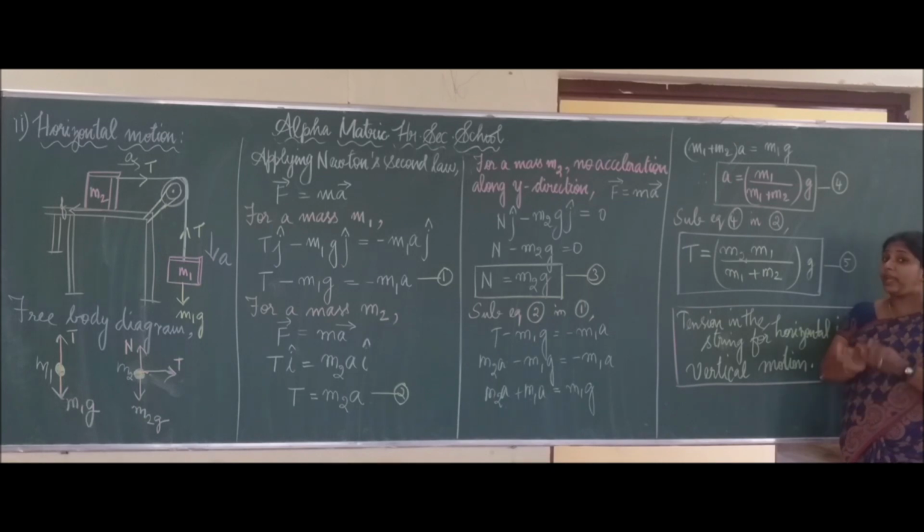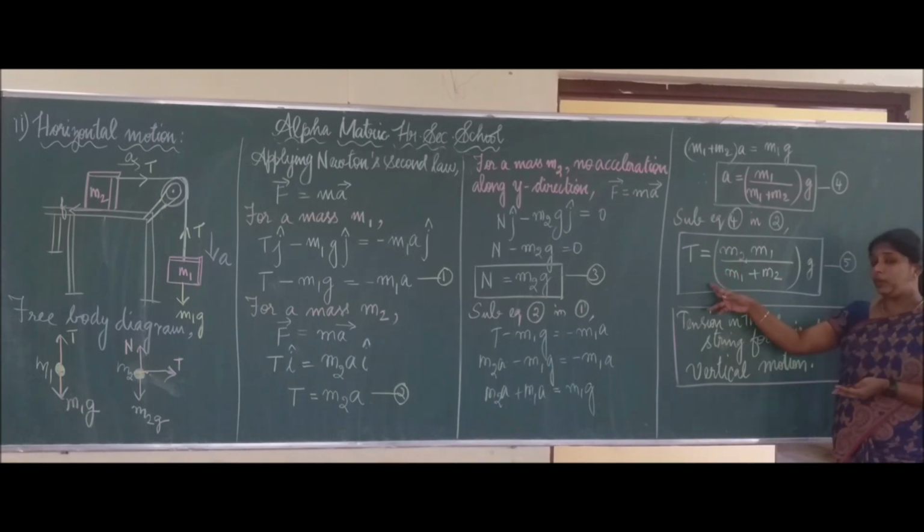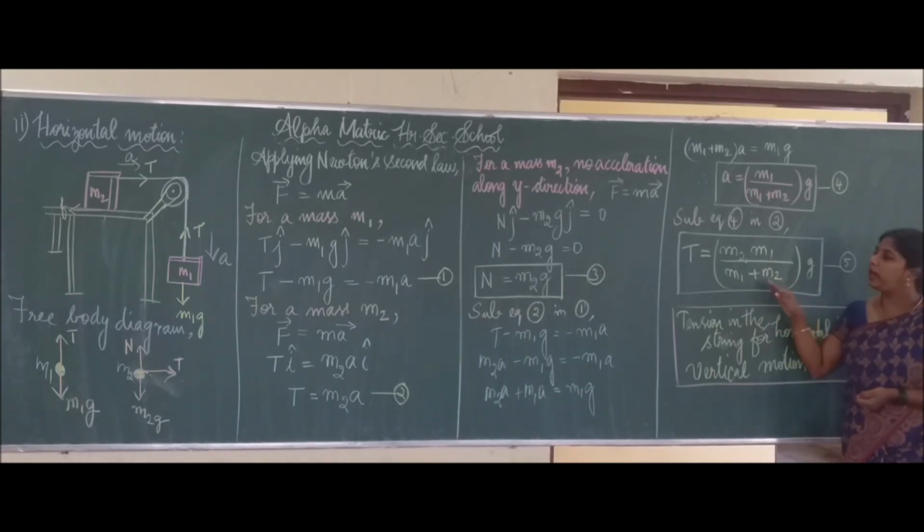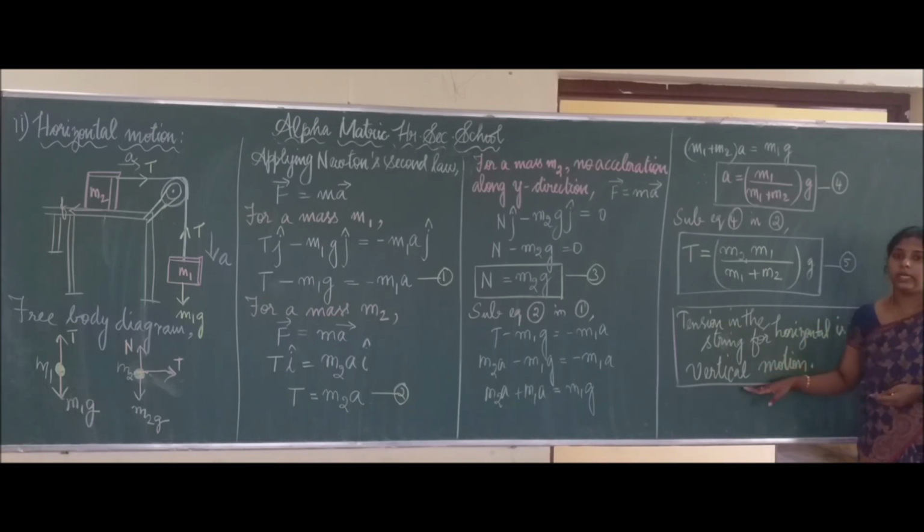In vertical motion we got T equals 2 m1 m2 by (m1 plus m2) into g. Now in horizontal we got m1 m2 by (m1 plus m2) into g. So by comparing these two cases, vertical and horizontal, we can see the tension in the string for horizontal motion is half of the tension for vertical motion.